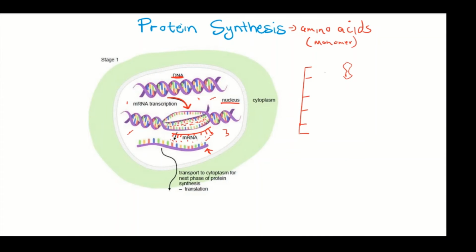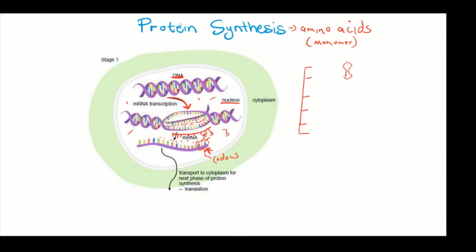So once it is created, the code is received by means of what we call codons. The codons are the three nitrogenous bases of the mRNA coding to each triplet of the DNA.